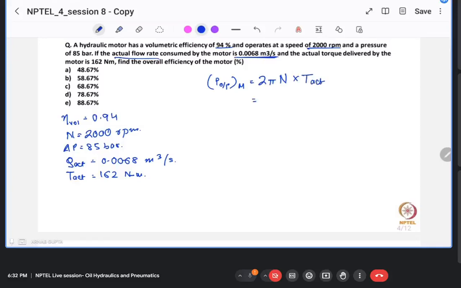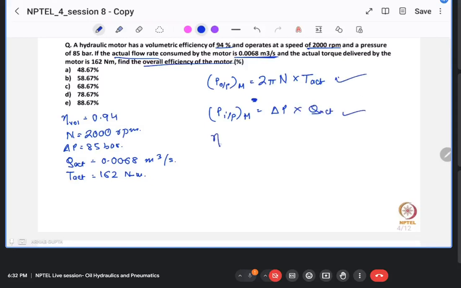So what I will do, I will substitute the values finally in the overall efficiency formula. And what is the input to the motor? The actual input. That is nothing but delta P into Q actual. That is the fluid energy, and this is the mechanical energy.